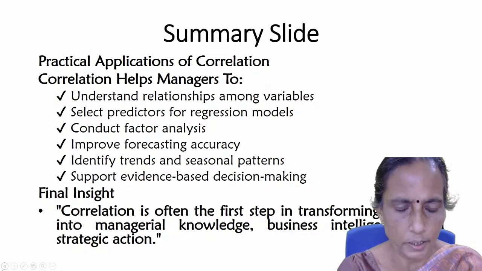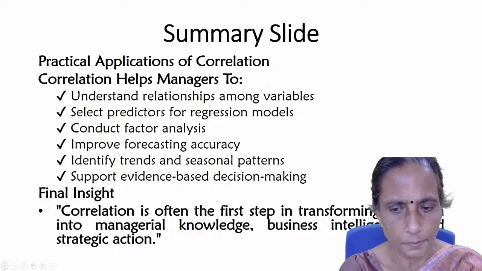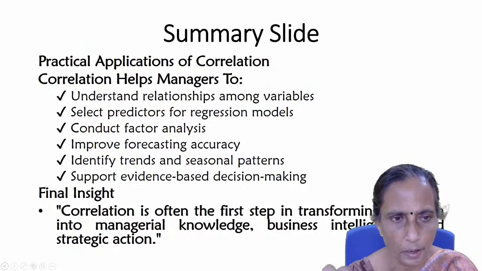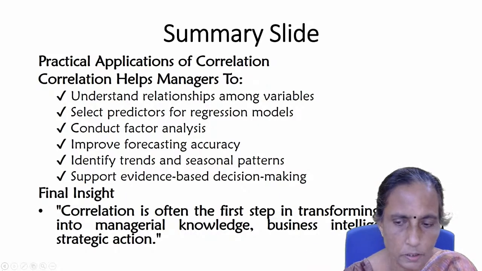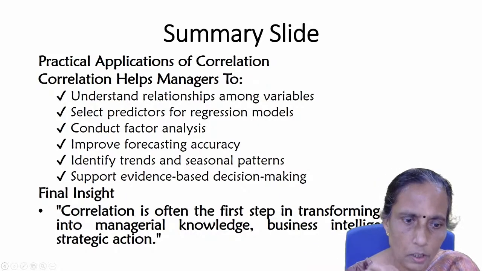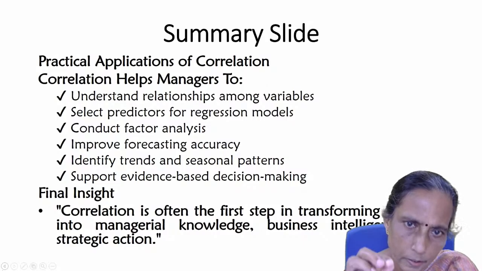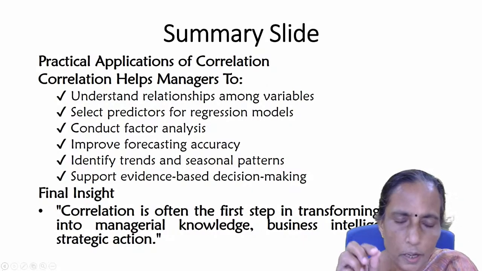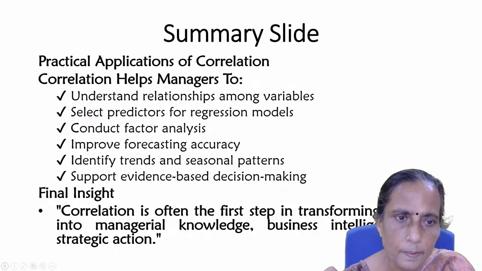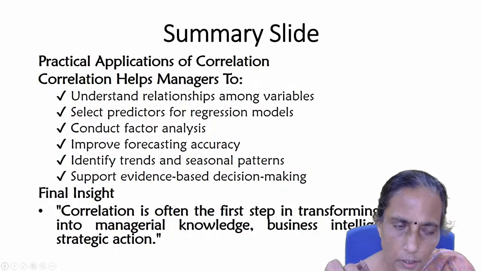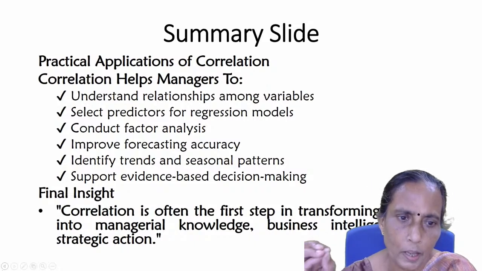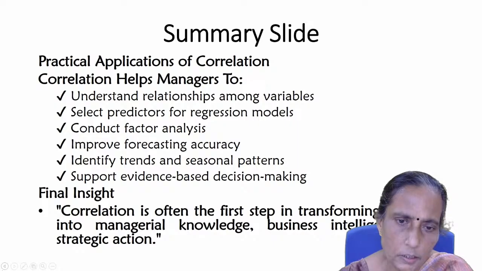Correlation is often the first step in transforming your raw data into managerial knowledge, business intelligence, and strategic action. Correlation helps managers to understand relationships among variables, select predictors for regression models, conduct factor analysis, and improve forecast accuracy.